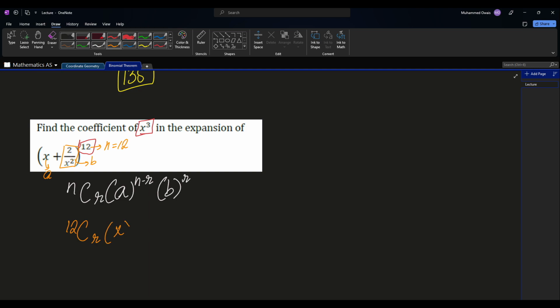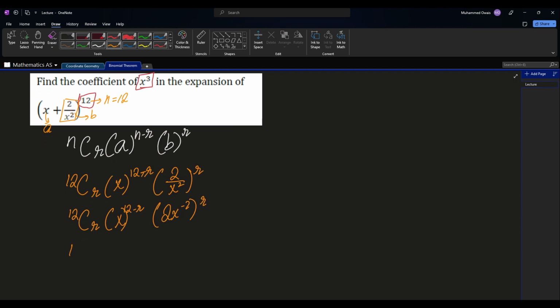And a is x, so x to the power 12 minus r, into b. b is 2 over x square power r. Now then we take this x square to the top. So this becomes 2 into x power minus 2, power r. And this is x power 12 minus r. And this is 12Cr.